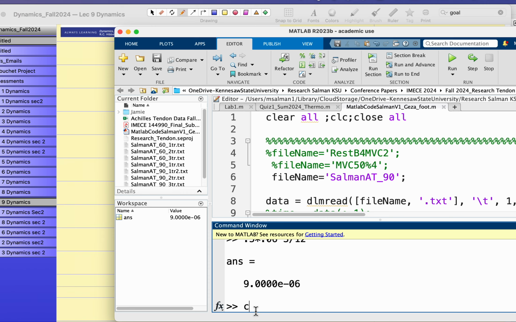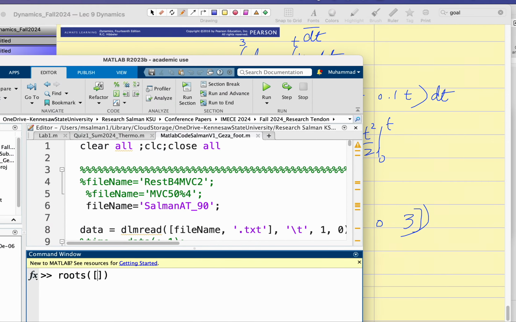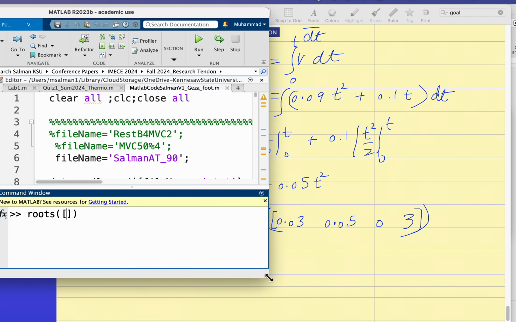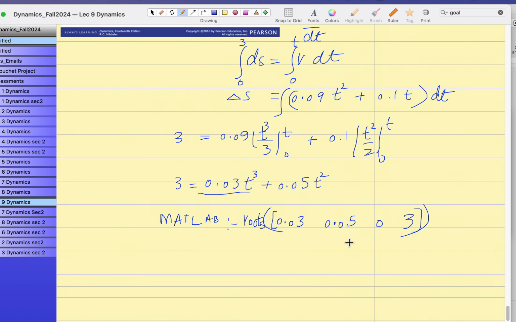So let's use this function in MATLAB. Roots of 0.03, 0.05, 0.3. Oh, negative, I forgot to put the negative sign.